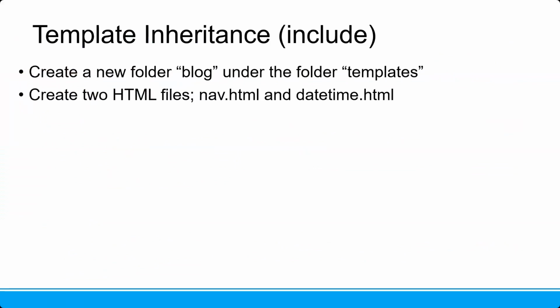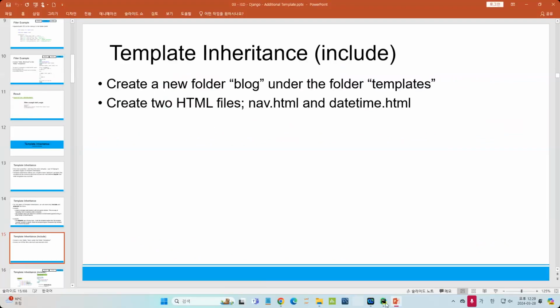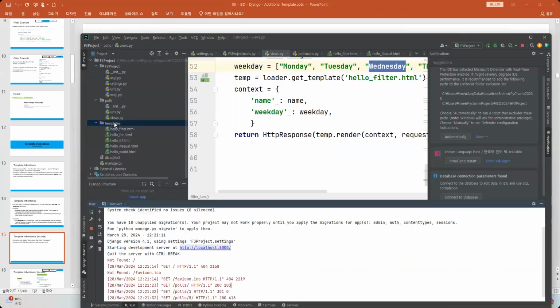For this template inheritance, let's create a new folder. Let's create a new folder block under the folder templates. And then I'm going to create two HTML files, nav.html and datetime.html. So first, let's create the block.